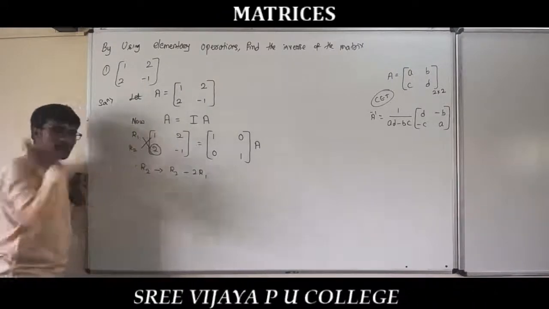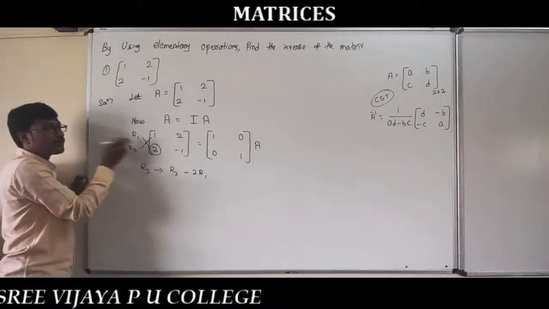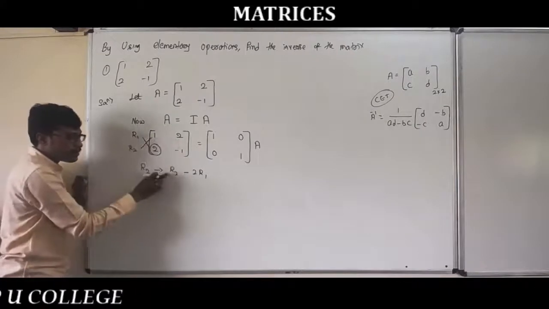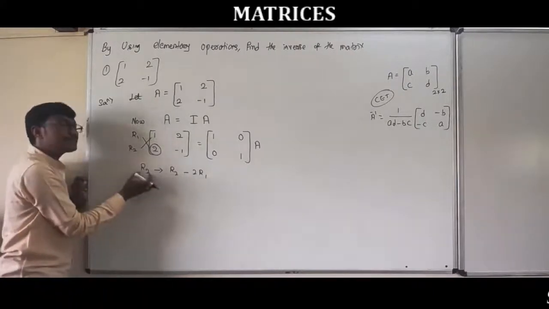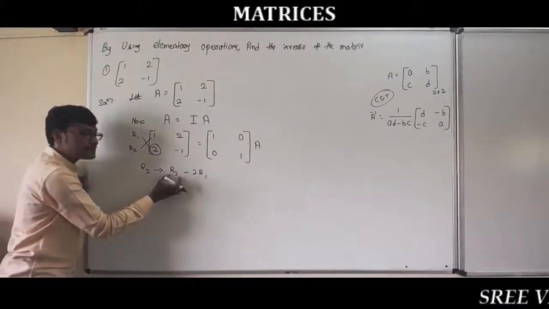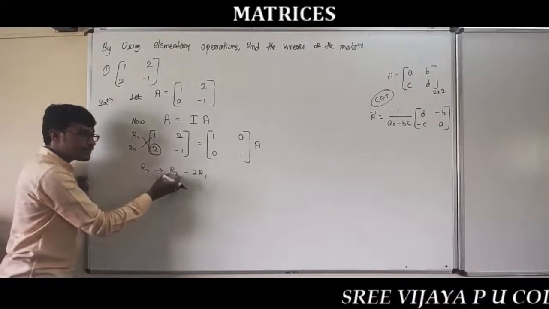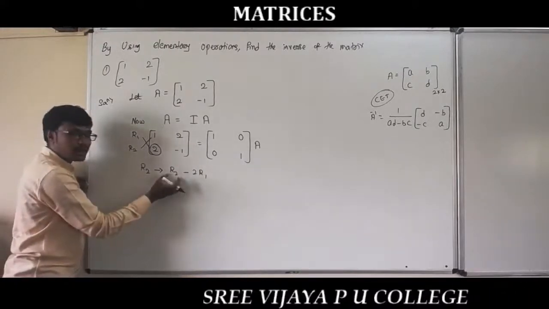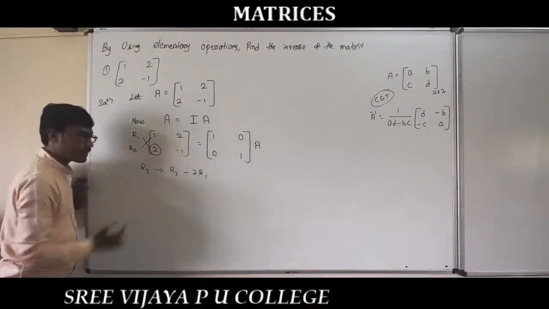So that is 1 into R2 minus 2 into R1. Got it? If it is R2, then in the first place it should be R2 only. If R1 will change, then in the first place it should be R1 only. It is R2, right? That's why it should be R2. So R2 minus 2 times R1. This is the third elementary operation. Right? Okay.